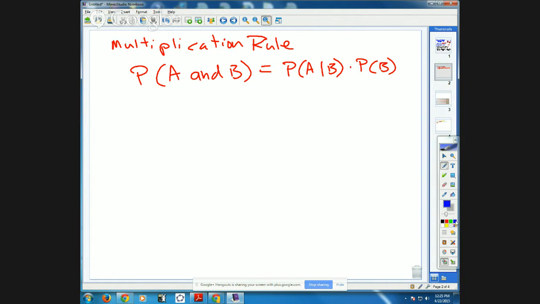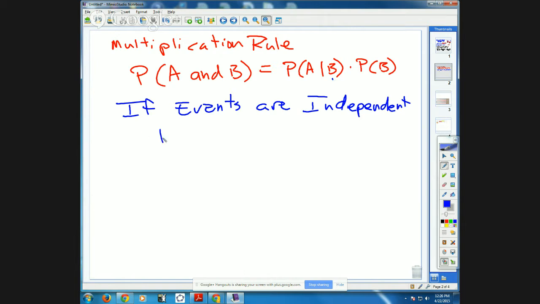Now, if the events are independent, that means this knowledge is useless. So if we have independent events, the probability of A given B is just the probability of A happening. And that changes the multiplication rule.